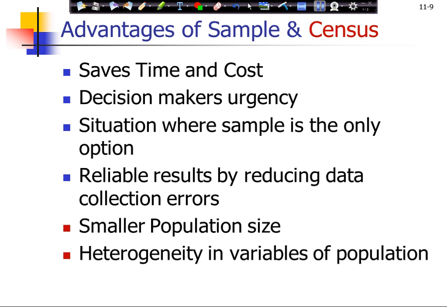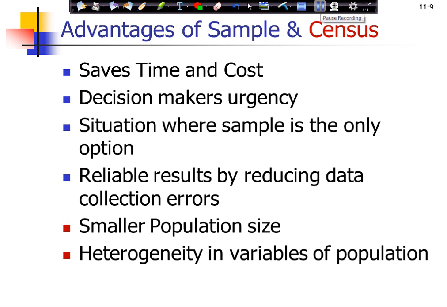First is, I go and approach each and every family in Hubli and collect their preference. Let's imagine we have around 2 lakh families residing in Hubli. I go and approach each and every family and collect their preference. Here I am collecting the information from every element in the population.